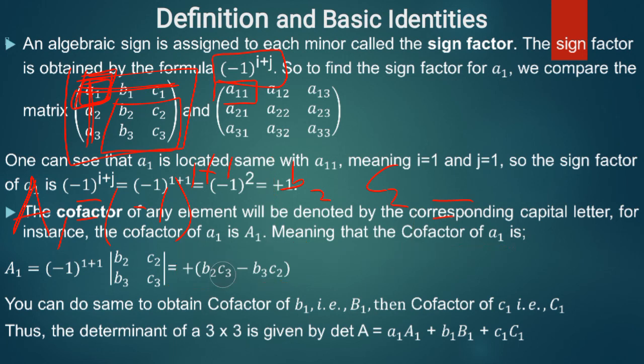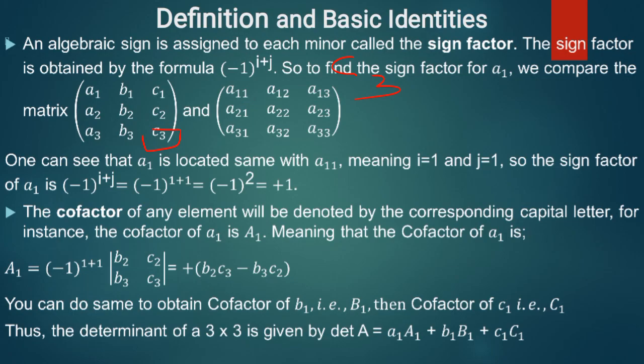Supposing I tell you to find the cofactor of C3, meaning that you look at our 3 by 3 matrix, because that's what I want you to look at. I've given you the matrix. C3 is here.